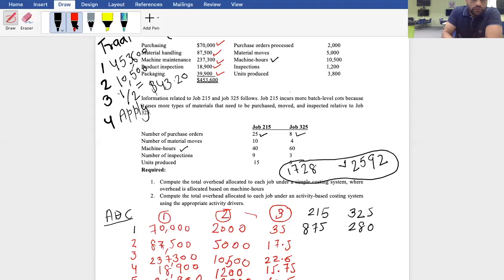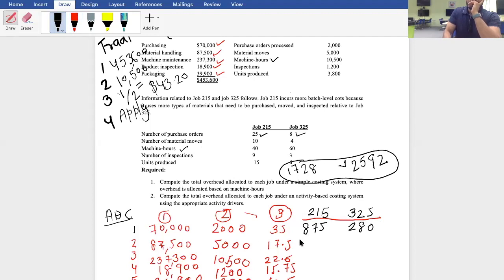So, okay. So that's for purchasing. Now we move on to the material handling.